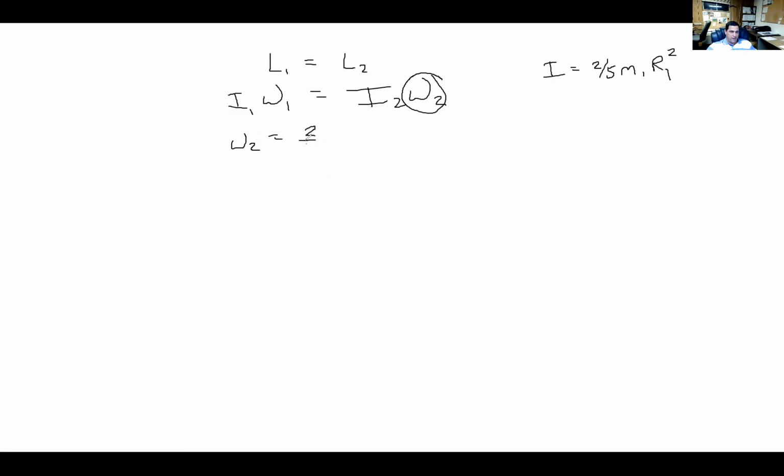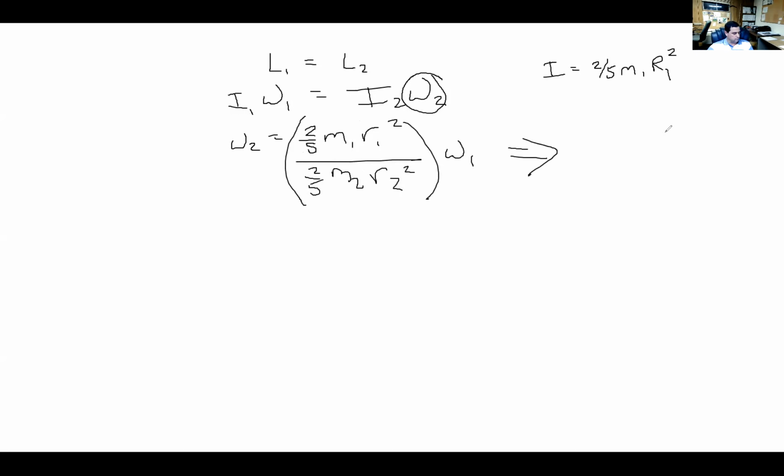And I'm going to end up with 2/5 m1 r1 squared divided by 2/5 m2 r2 squared, right? So basically what this reduces to is r1 squared divided by r2 squared times angular velocity at 1.